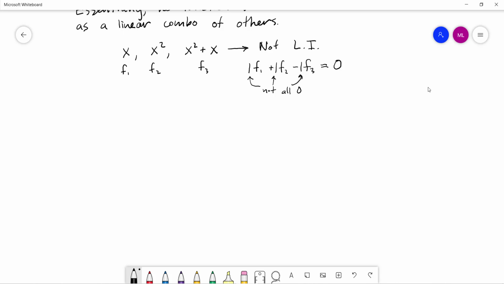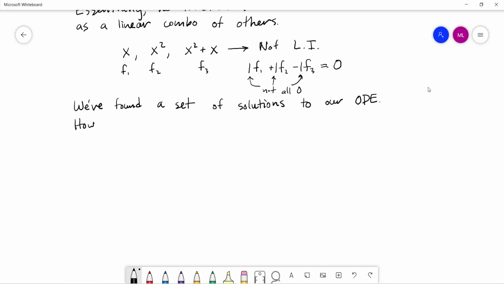Okay, so assume that we found a set of solutions to our ODE. Hypothetically, we found a big set of solutions.